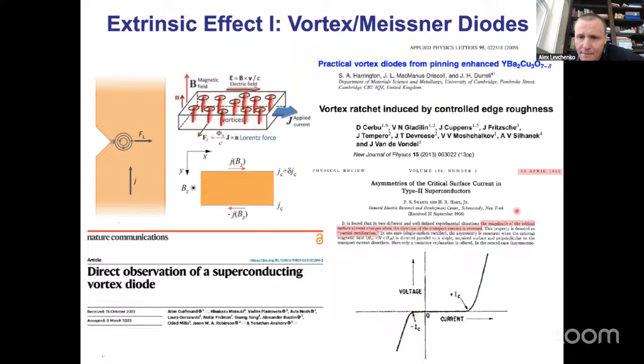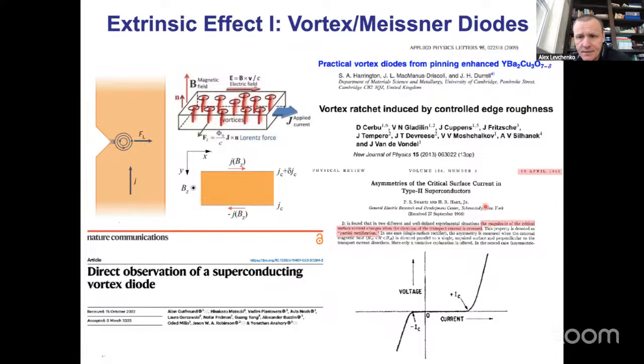They comment in their abstract that they see this in fields in the range between the lower and upper critical field. So I would classify this as an extrinsic effect. It's not really a property of the material, but rather a property of the structure and the generated vortex structure. So it's an extrinsic mechanism of a superconducting diode.